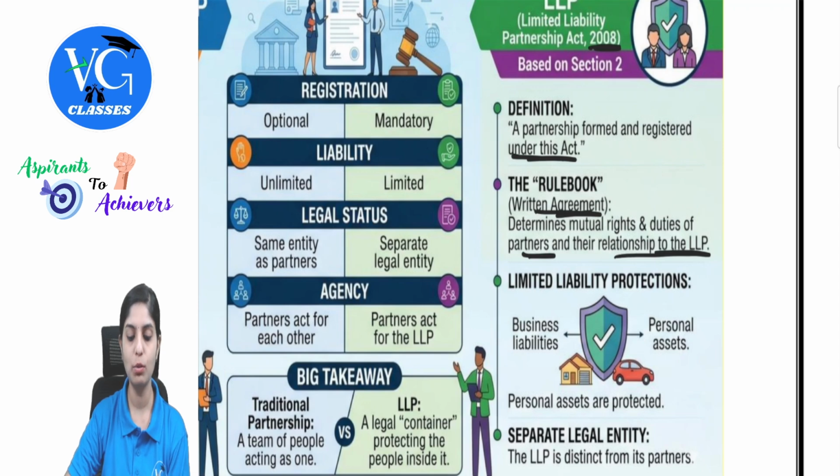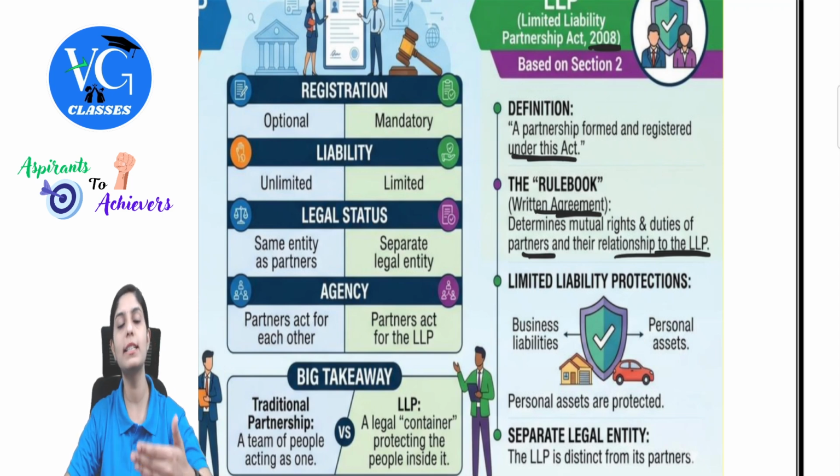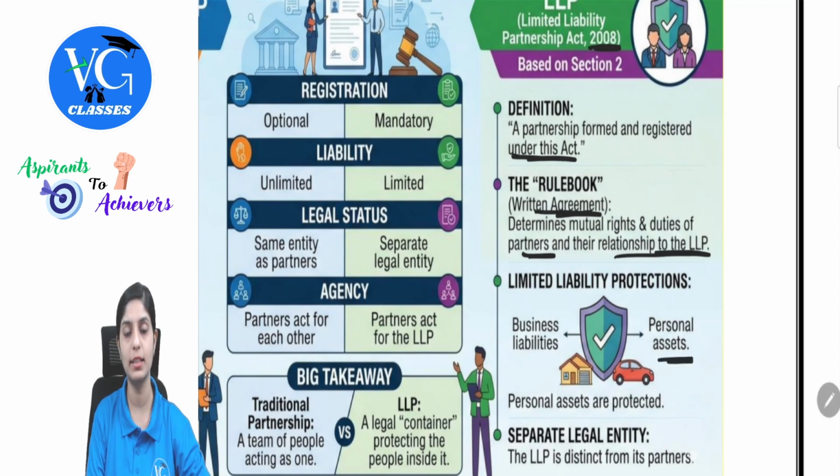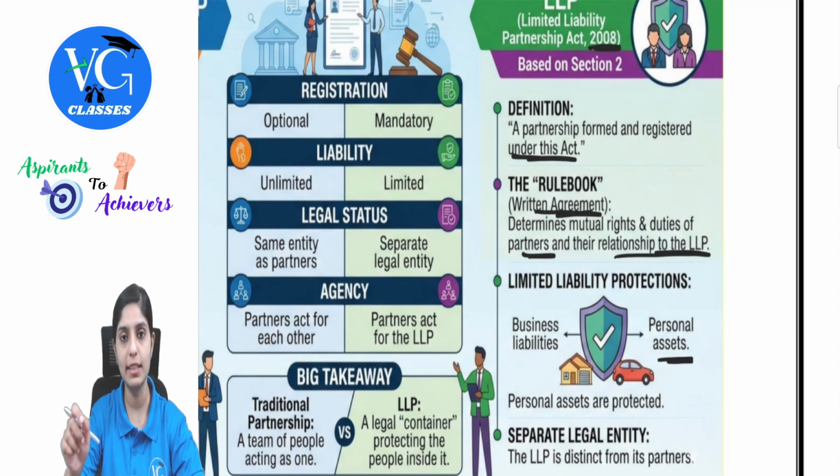Next, with respect to this particular arrangement, what is the advantage of limited liability? There is a protection which avails with respect to personal assets. The difference between unlimited and limited liability here is that if there is a business liability with respect to a partnership firm, partners will only be limited to the business assets, and there will not be any additional right as you saw in the normal partnership with respect to personal assets.